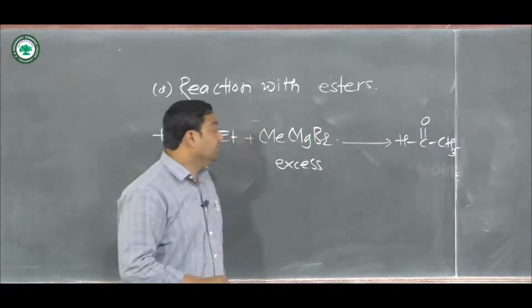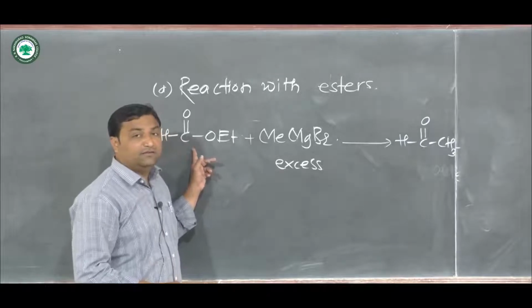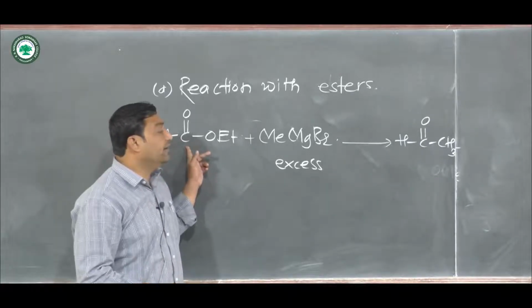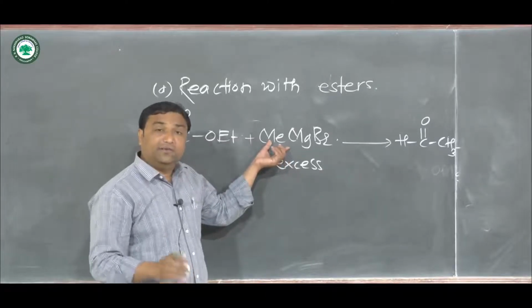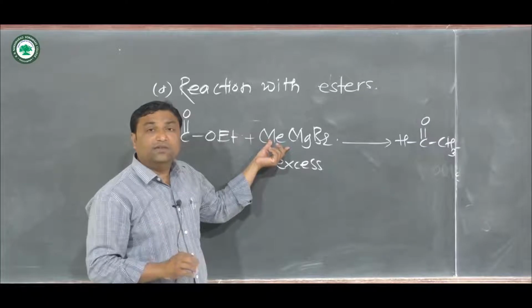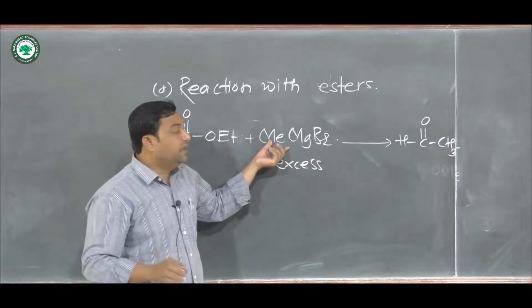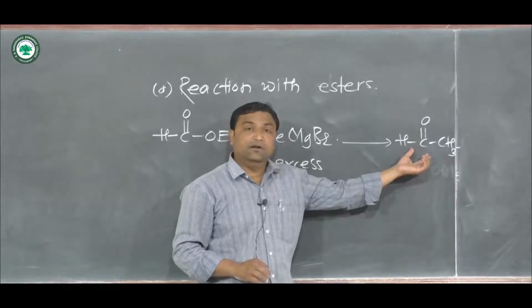If we use our ester here, ethyl formate, and methyl magnesium bromide, that is our Grignard reagent, in equal amount, that is 1:1 proportion, then the reaction stops at the aldehyde level.